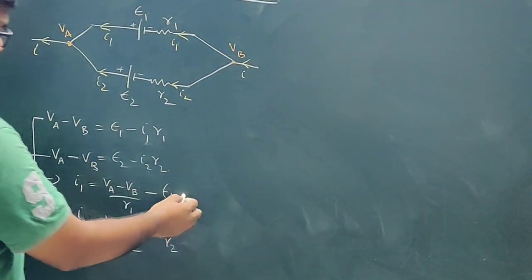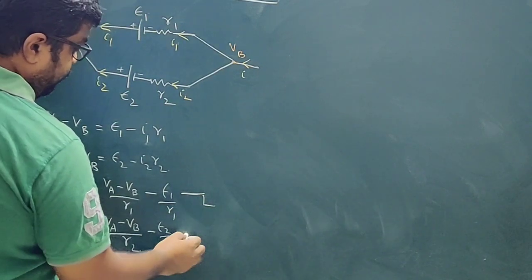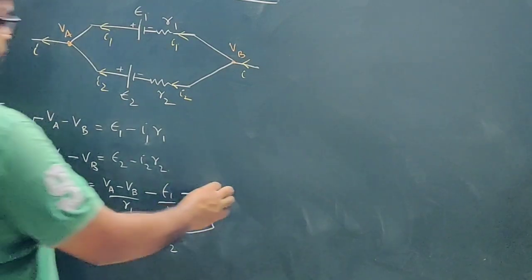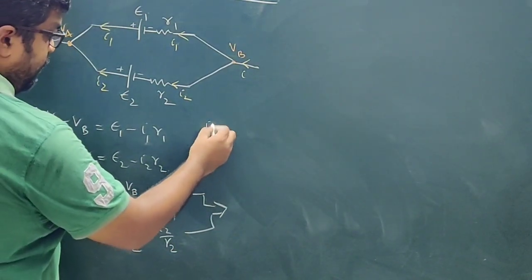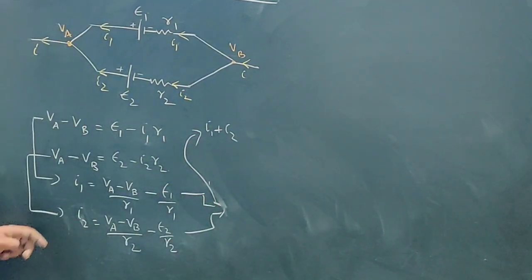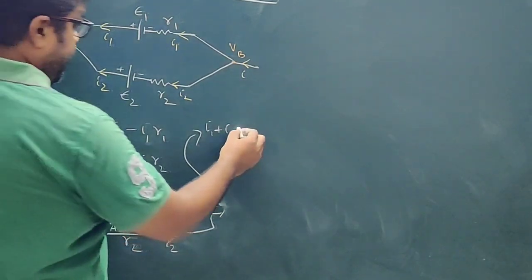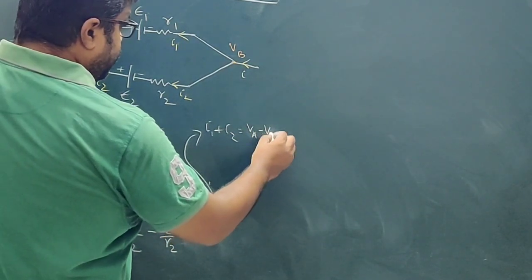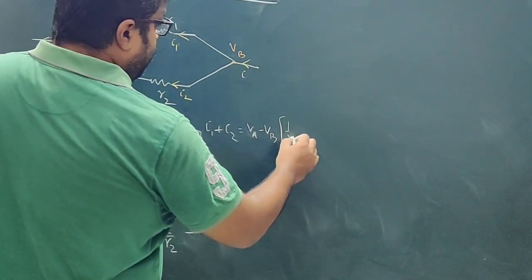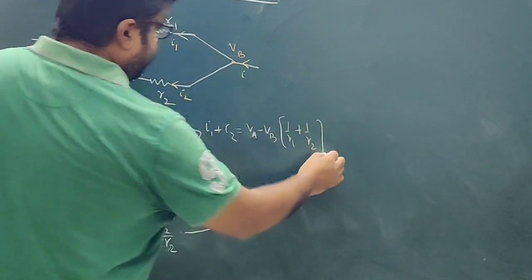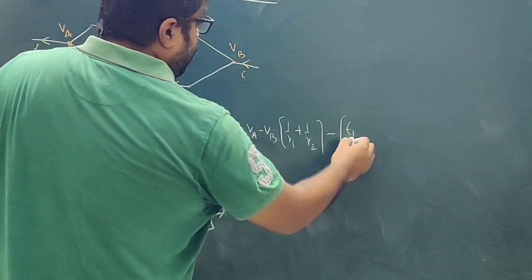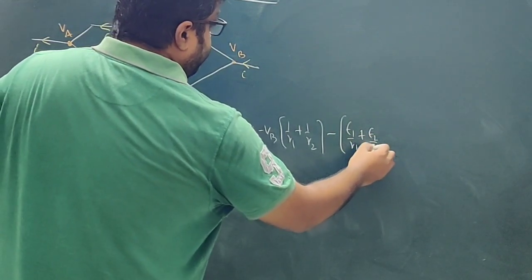Now if I add these two equations, what do I get? I1 plus I2 is equal to VA minus VB, taking it as common, (1 by R1 plus 1 by R2), and then minus (E1 by R1 plus E2 by R2).